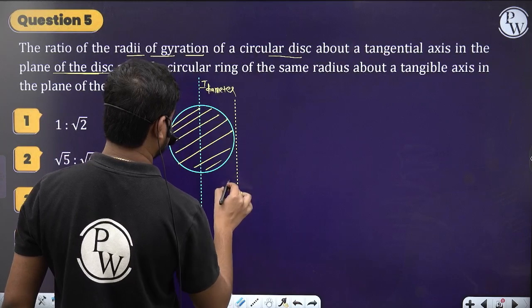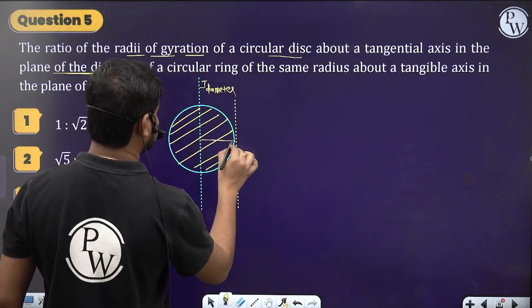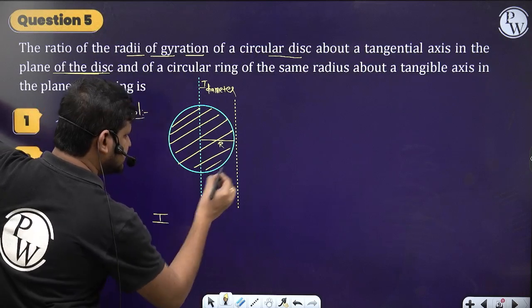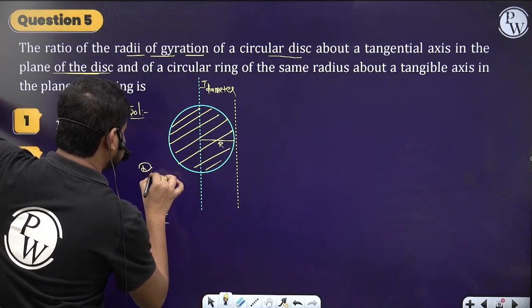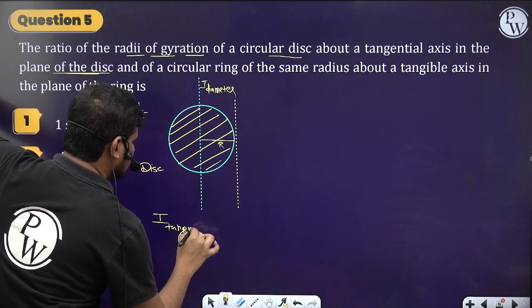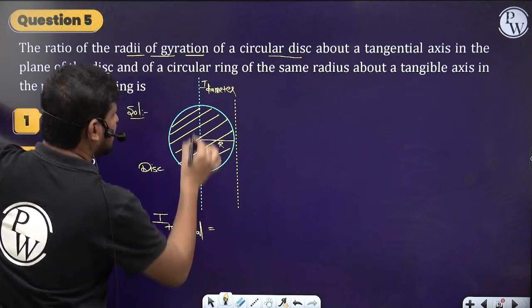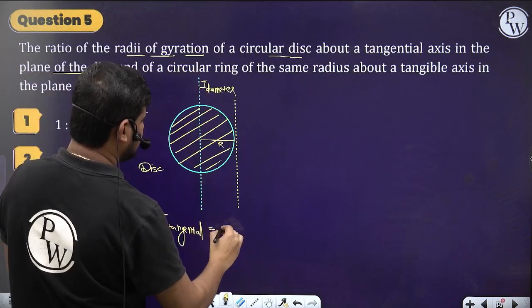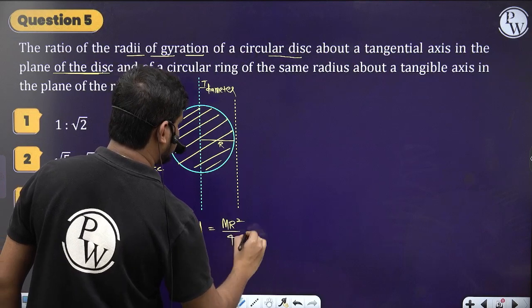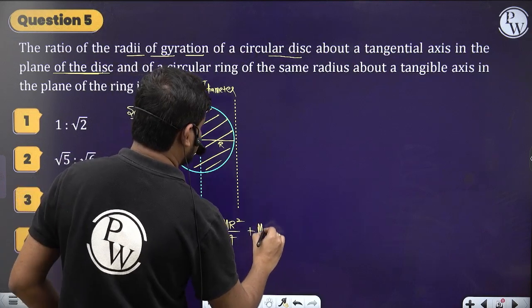Here this distance is taken as r. We know the moment of inertia of the disc about its tangential axis will be equal to the moment of inertia about its diameter, which for the disc is mr square by 4, plus mr square.